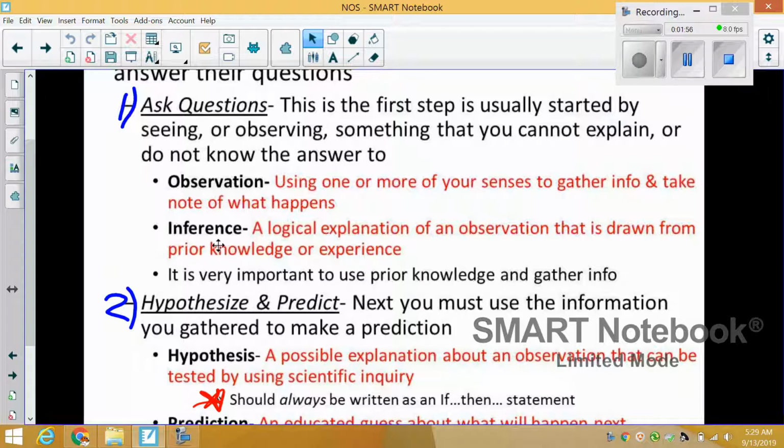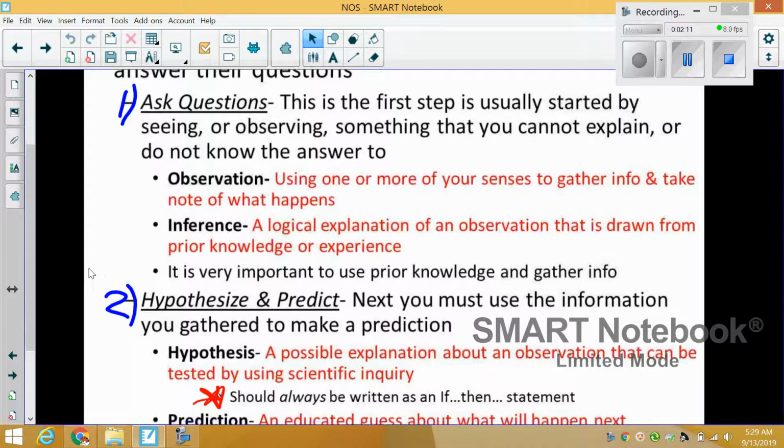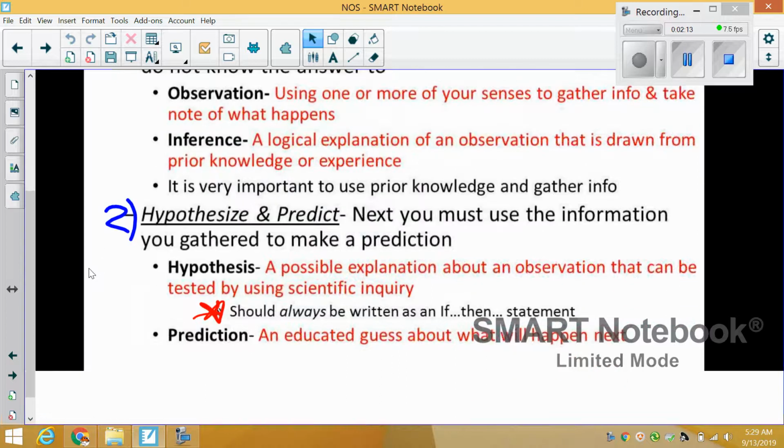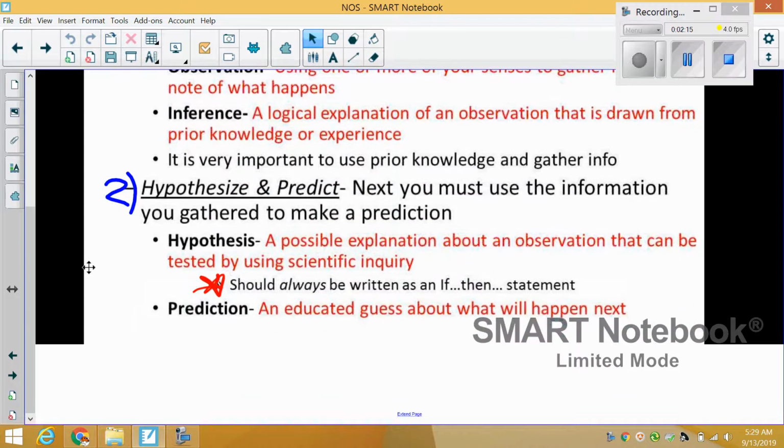Usually we make an inference about that. So an inference is kind of like a hypothesis. Once you make an observation, you automatically come to this inference part, and you start hypothesizing what is going on in the situation. So inference sort of leads to your hypothesis. And as we've said in class, your hypothesis is a possible explanation about an observation that can be tested.